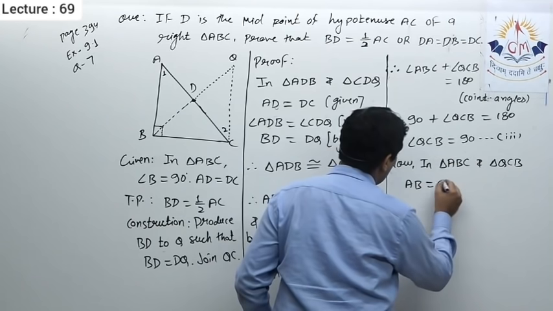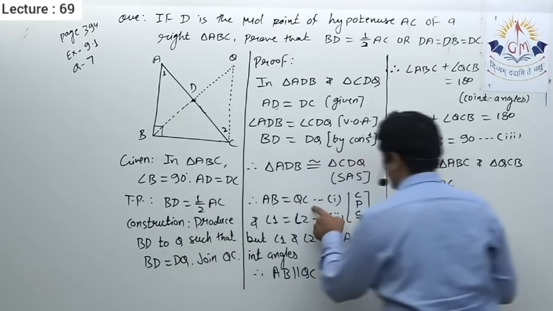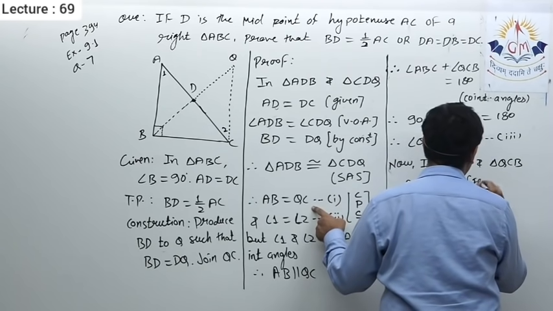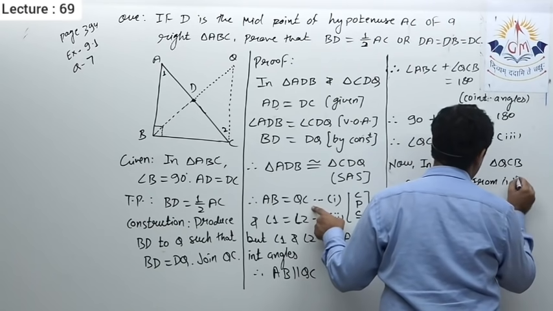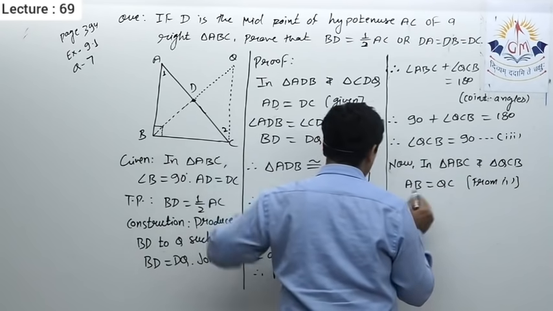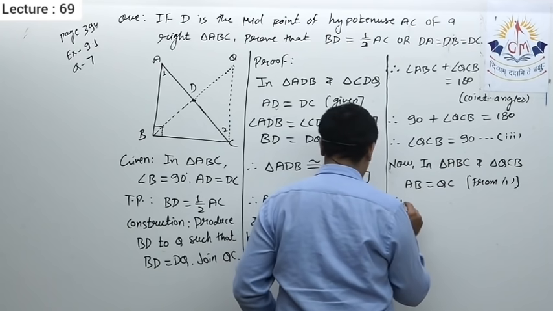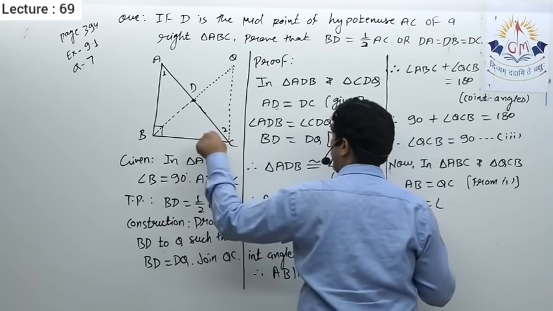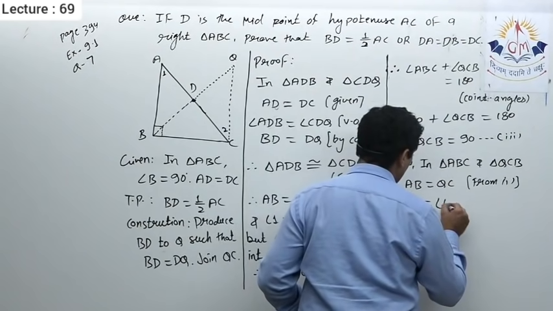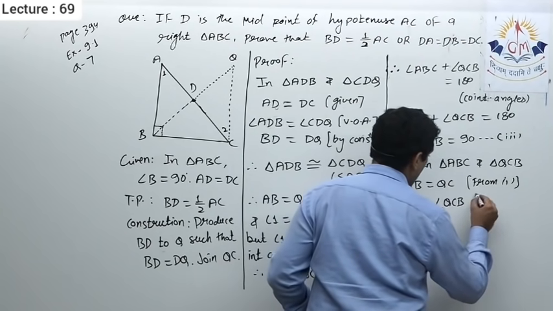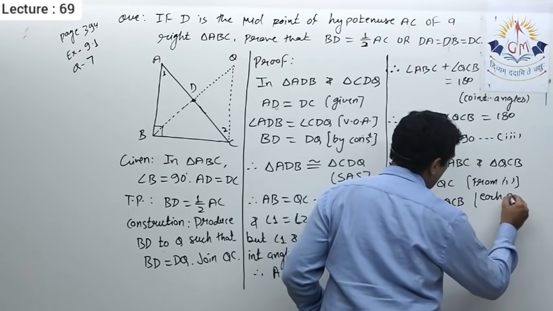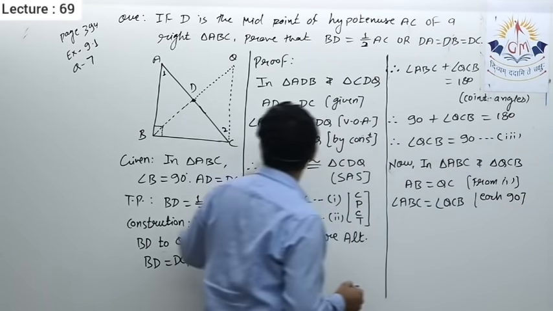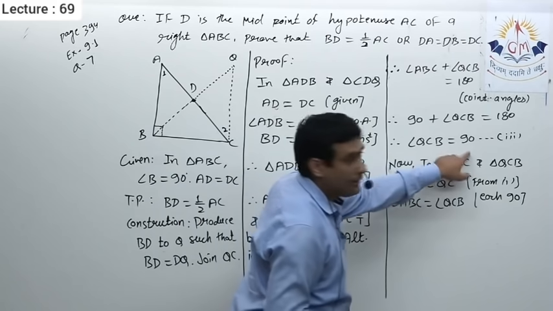Why AB equals QC? It is proved over here, so from 1. Then angle ABC is equal to angle QCB. Why? Each is 90. ABC is 90, given, and QCB is 90 from third.